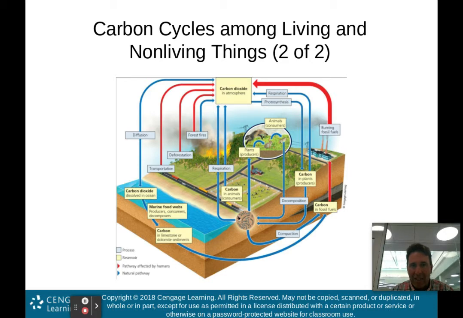And then we have our decomposition, which actually releases carbon dioxide again back into the atmosphere, and some of the decomposers suck in some carbon dioxide, okay? So again, this is something that you should have a general idea of. Again, you may not have to memorize everything on this picture, but I definitely would have a general idea of parts of the carbon cycle so that if you have to answer it on an FRQ or something, you have enough information to look at.